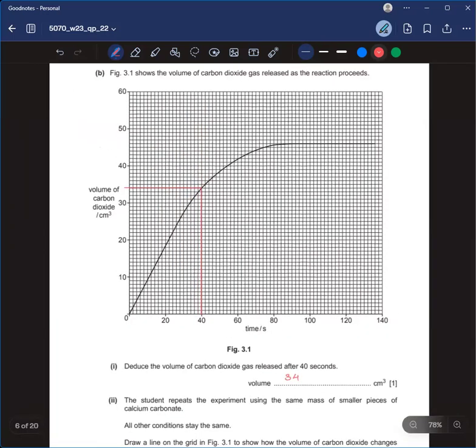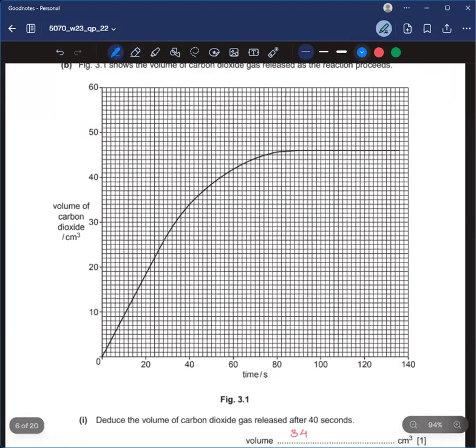So the rate of reaction is shown by the gradient, the initial gradient. So the initial gradient, let me erase this line first. The initial gradient would be steeper. However, the final volume would be the same. So let me zoom and draw it there.